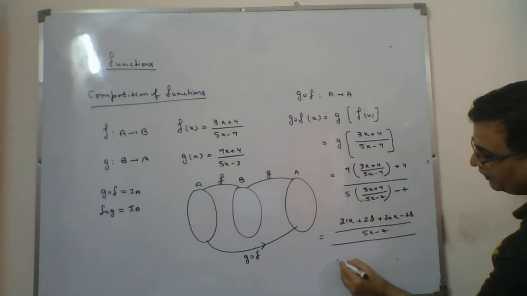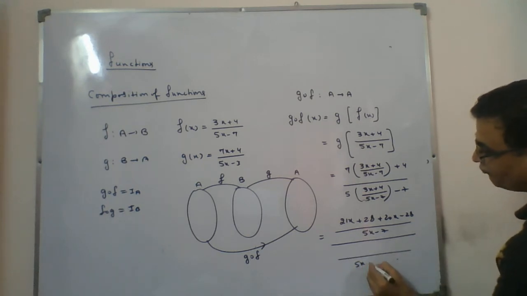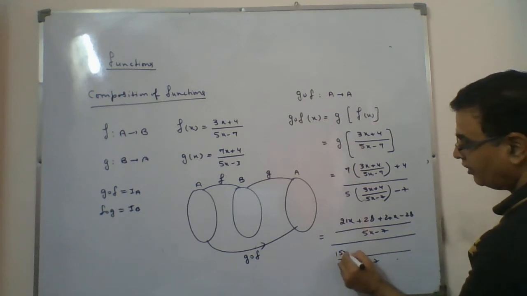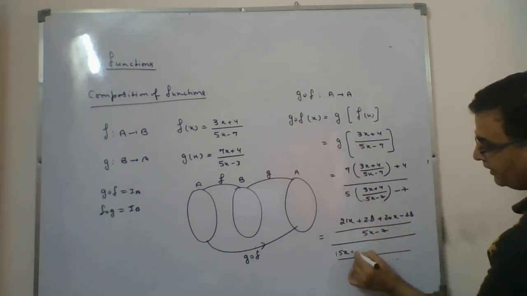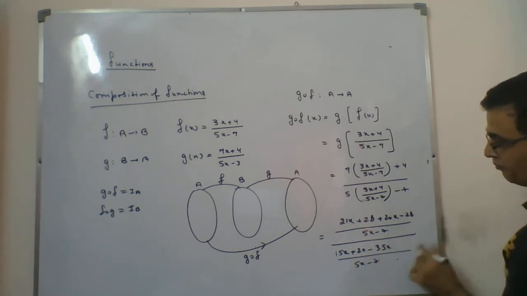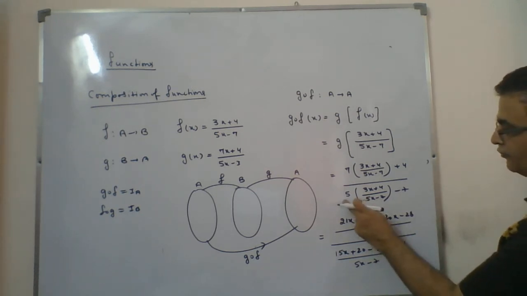Same with the denominator, 5x minus 7 will take, so it will come 15x plus 20 minus 35x plus 49. 5 3s are 15.